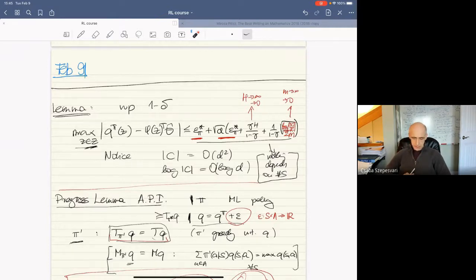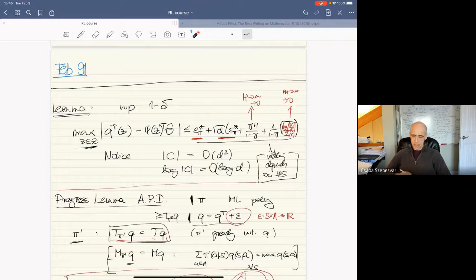Right, so this is good because we see that this answers the question, can we do this policy evaluation and control all the errors that appear? Well, the best error that we can hope for is just this approximation error. But if you take H to be big enough, then maybe you can match this term to this term, and if you make m big enough, you can match this term to the approximation error as well.